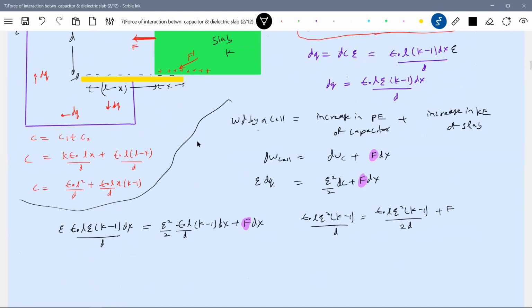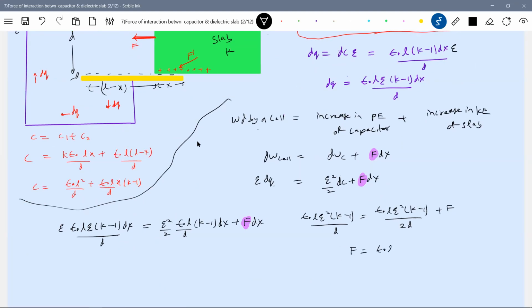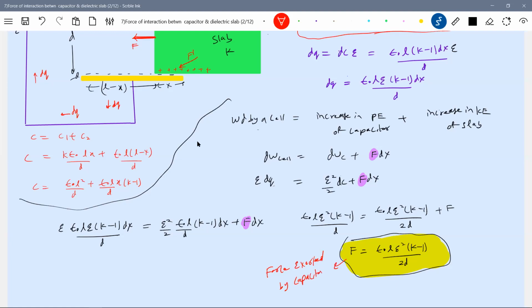So what is the final equation? The final equation we end up with is very important. You have to remember this. There are so many numericals. Around 20 numericals are related to mechanics. The moment you get the force, as we do in any chapter, we'll go back to mechanics and explore some numericals. So what is this F? It is the force exerted by the capacitor on the slab.